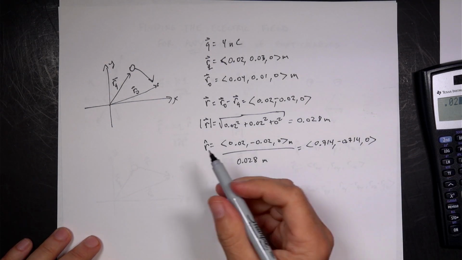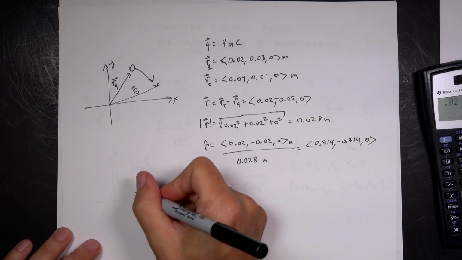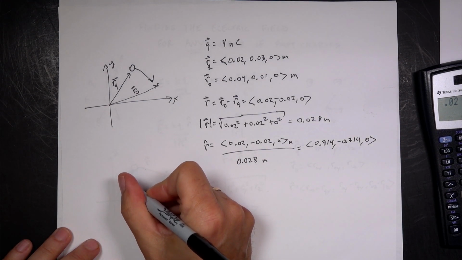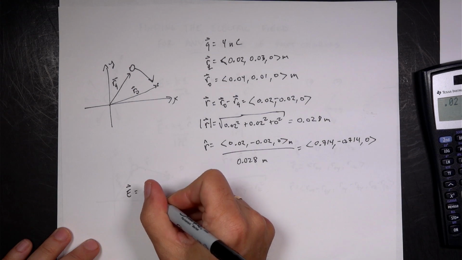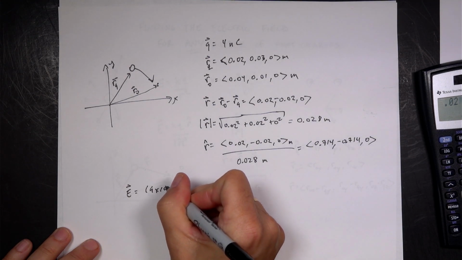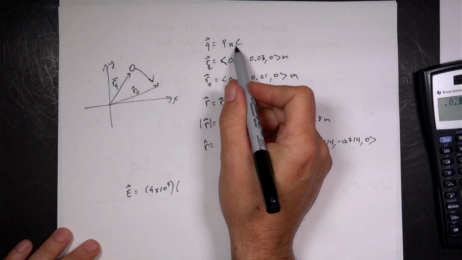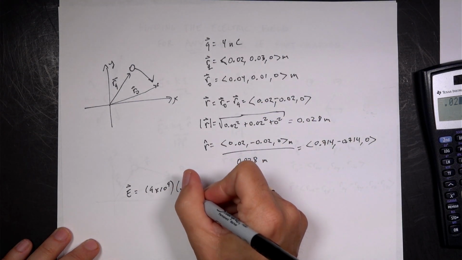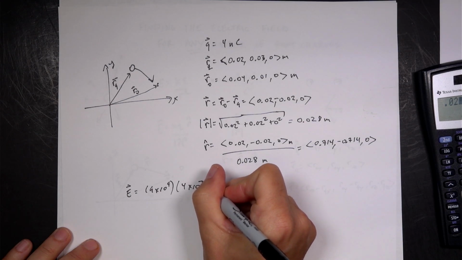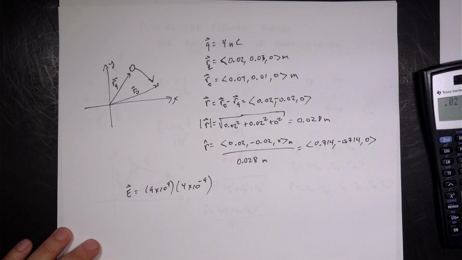Now I'm ready to put everything in my equation. So E, due to that charge, is going to be K, 9 times 10 to the 9th, times Q, 4 nanocoulombs. A nanocoulomb is 10 to the negative 9th coulomb, so it's going to be 4 times 10 to the negative 9th. And I'm leaving off my units because I just don't want to get too messy. It's already messy as it is.